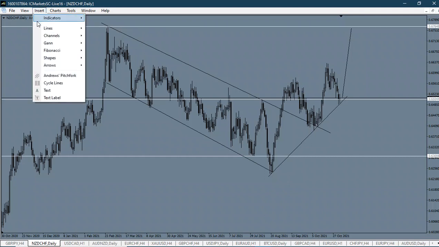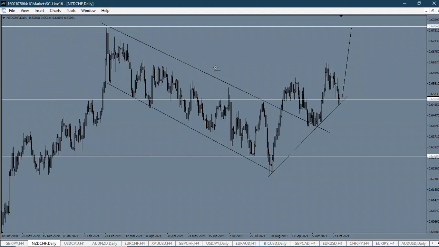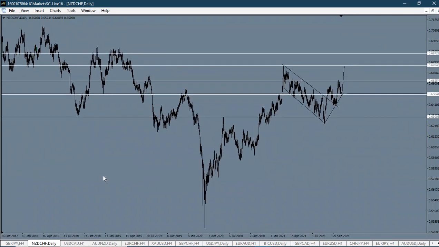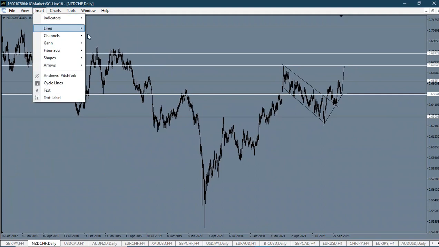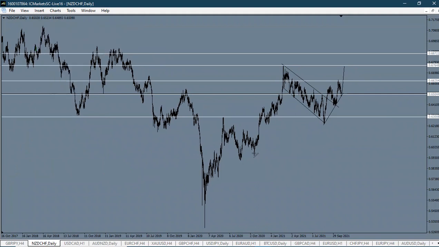So our targets will be like this, should we go for buying opportunities. That will be our first target, our second target, and the final target will be based off this major move right here.